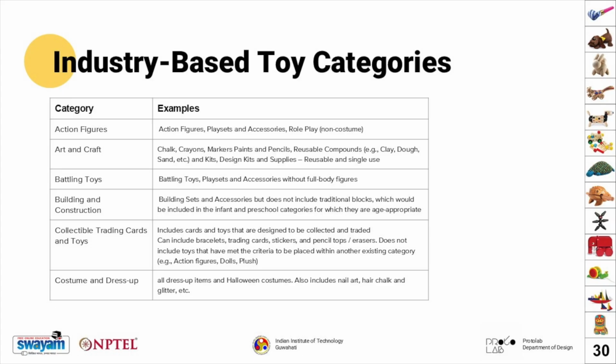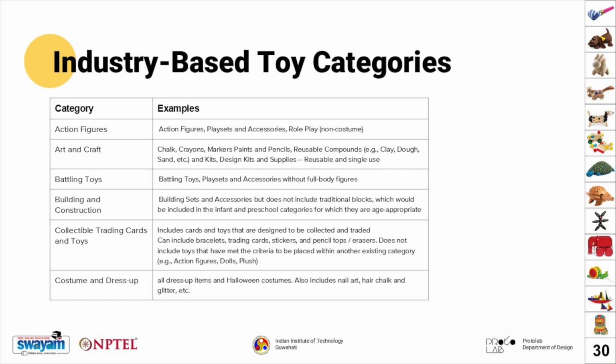From the Toy Industry Association, TIA, we see several categories. We start with familiar commercial groups like action figures, which include characters, players, and non-costume role play props. We then have art and craft, covering everything from crayons and paints to clay dough and creative kits.